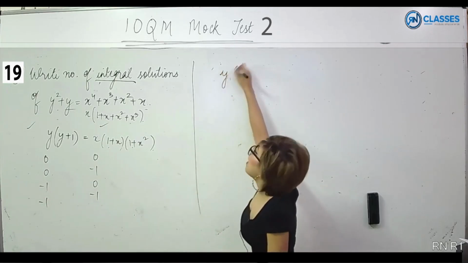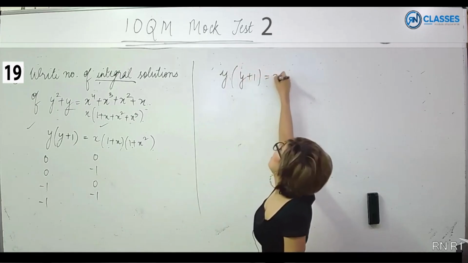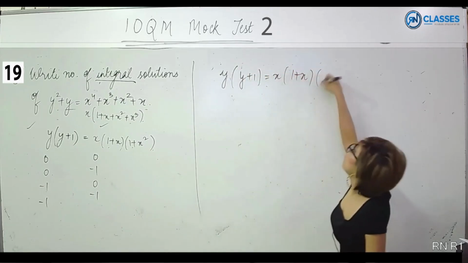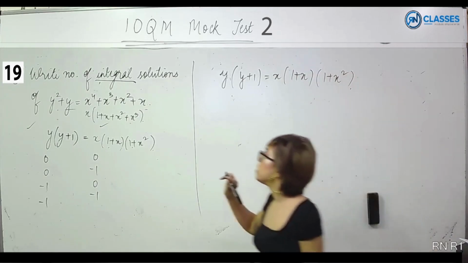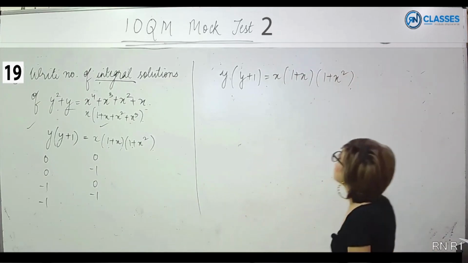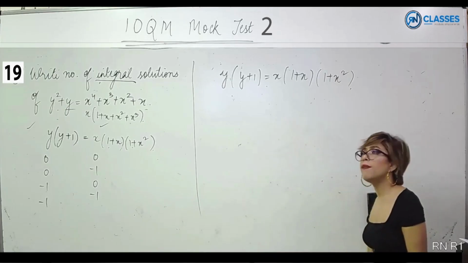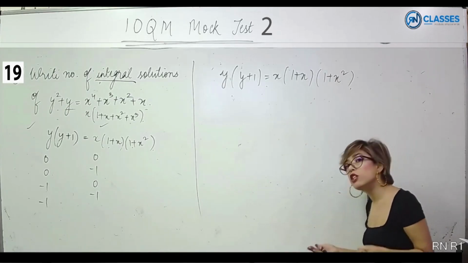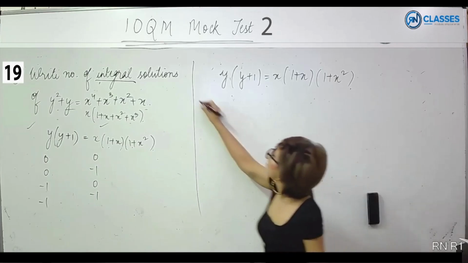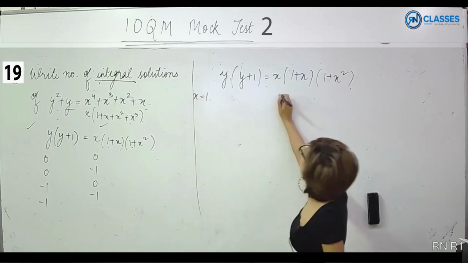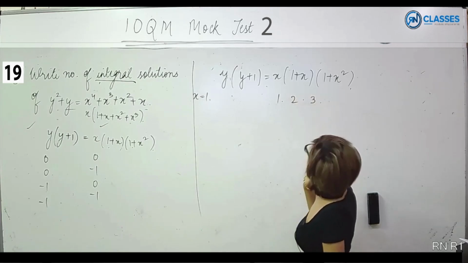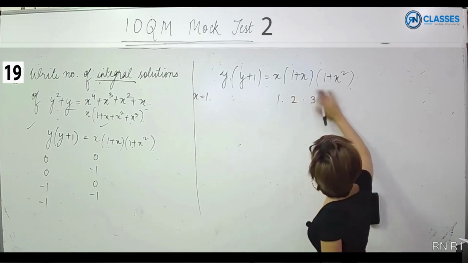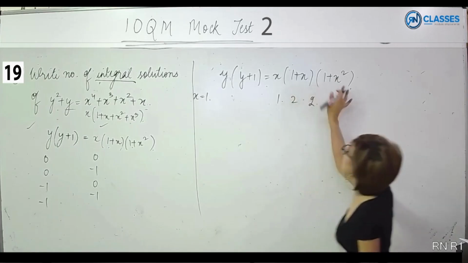Let's see. So y into y plus 1 equal to x into 1 plus x into 1 plus x square. Now, if I want to look ahead, what can I do? Maybe I can put x as 1. Let me see solutions in positive integers first. So if I'm putting x as 1, 1 into 2 into 2.